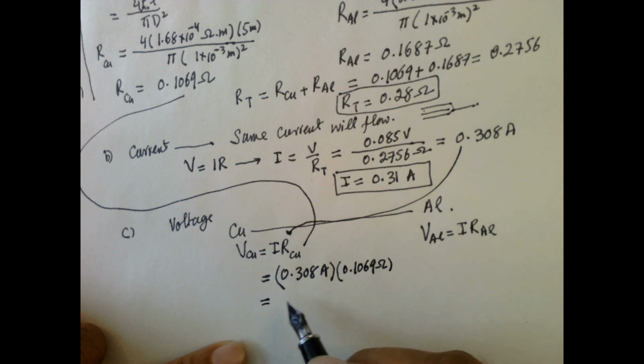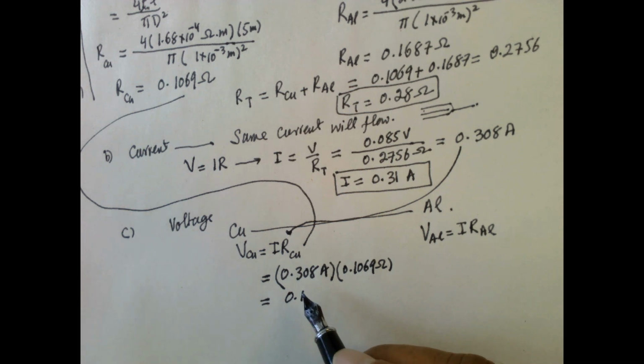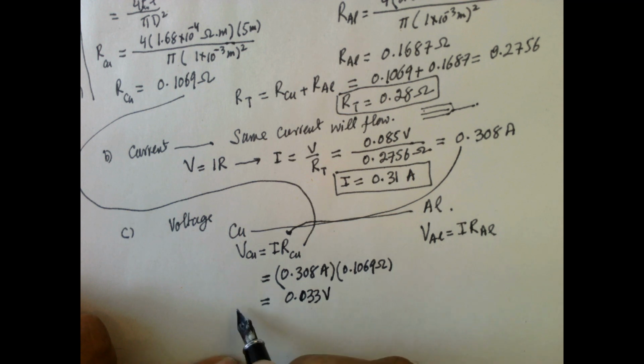This will give the voltage, which is equal to 0.033 volt. So this is the voltage of the copper.